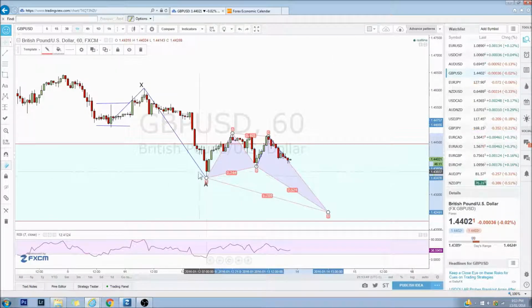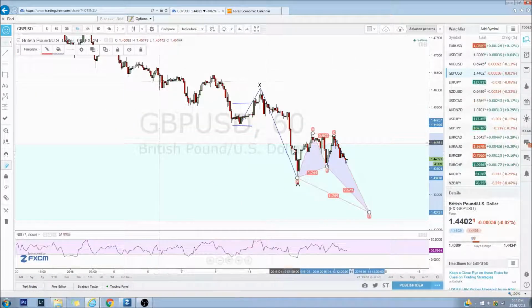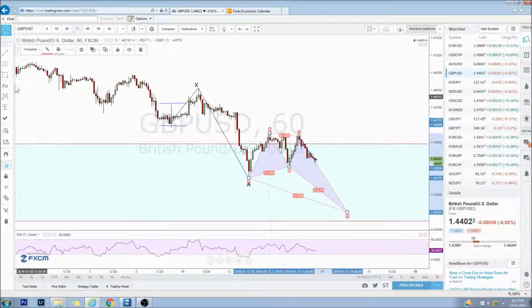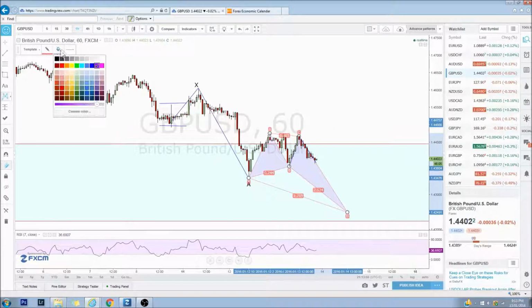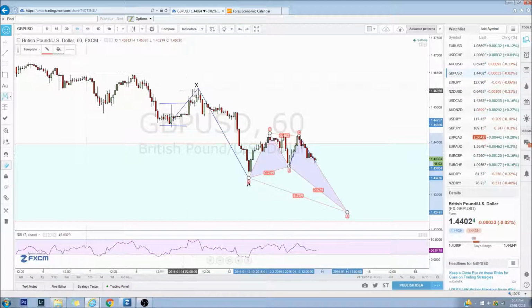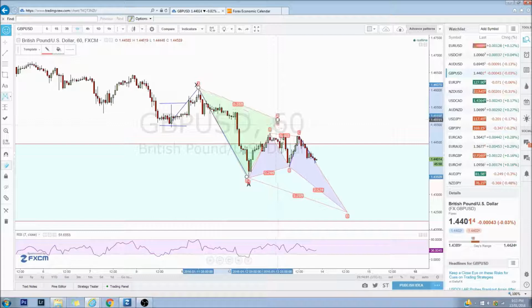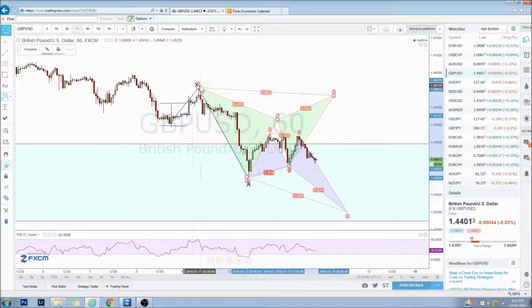But the XA legs that I'm looking for are always with trend. This leg is usually coming up, down, going up, and is always below the X. So we're looking for Gartleys and bats. I hope that clears it up.